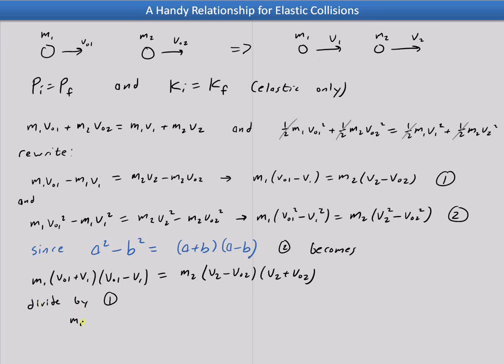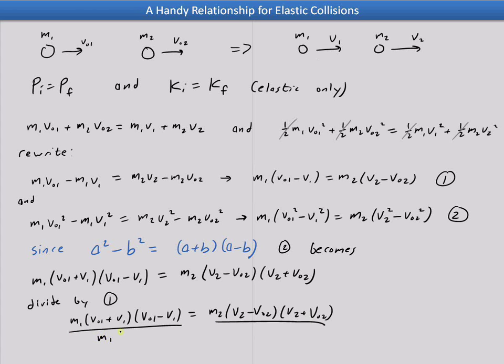So we'll have equation 2, which says m1 v initial 1 plus v1 times v initial 1 minus v1 is equal to m2 times v2 minus v initial 2 times v2 plus v initial 2, and then we're going to divide both sides by equation 1.